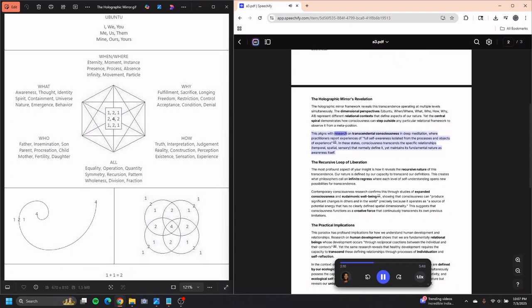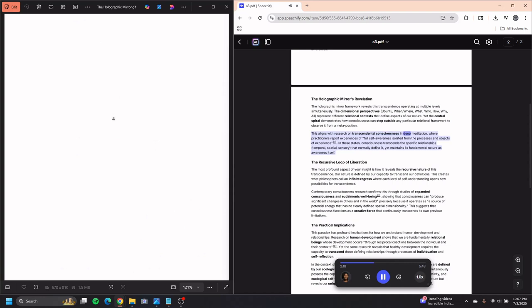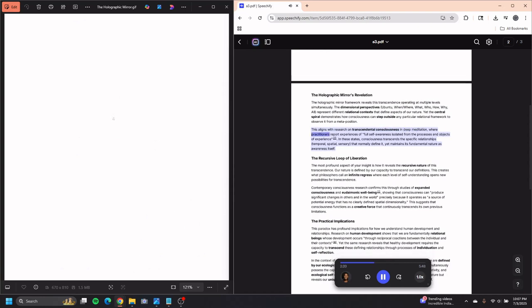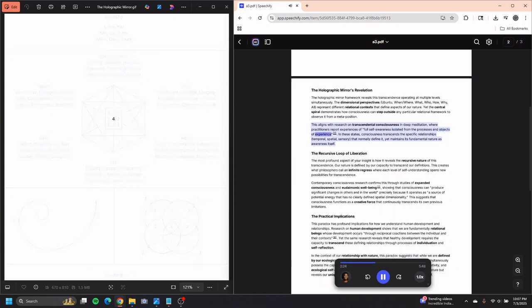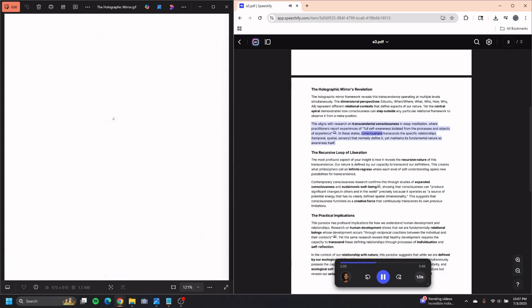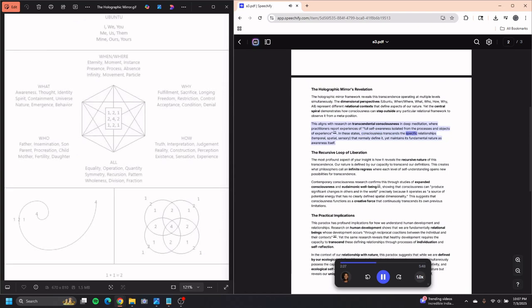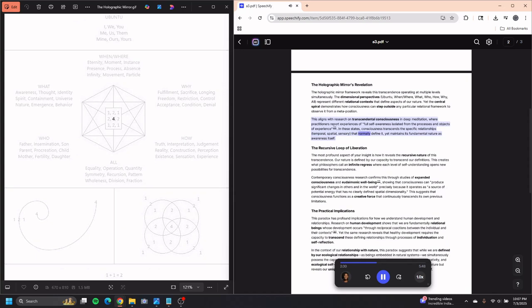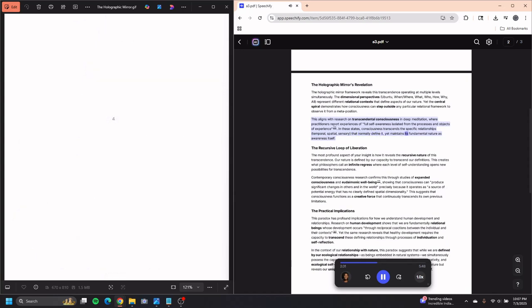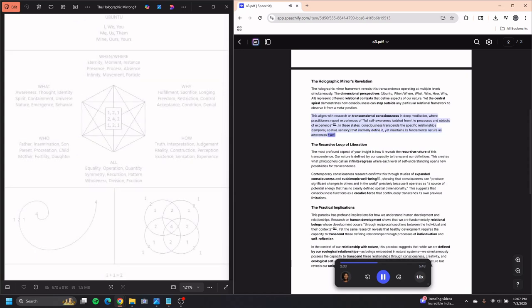This aligns with research on transcendental consciousness and deep meditation, where practitioners report experiences of full self-awareness isolated from the processes and objects of experience. In these states, consciousness transcends the specific relationships, temporal, spatial, sensory, that normally define it, yet maintains its fundamental nature as awareness itself.